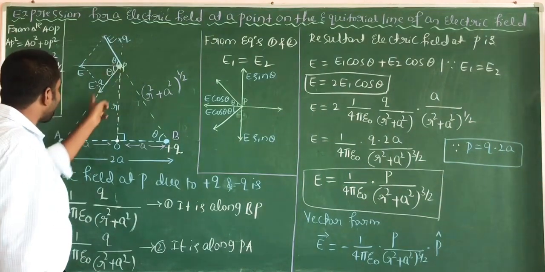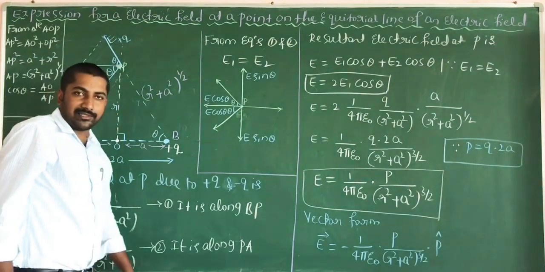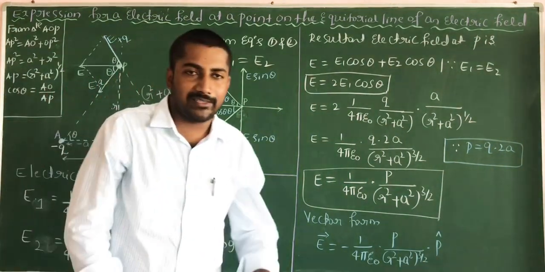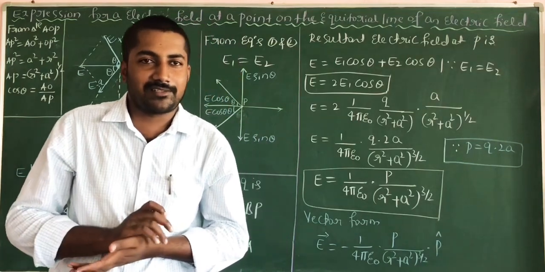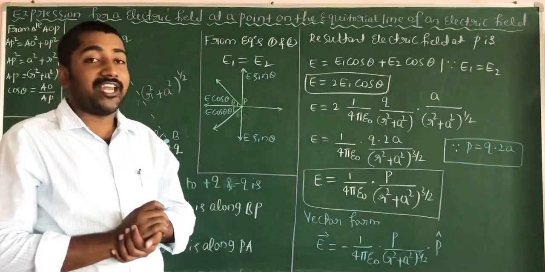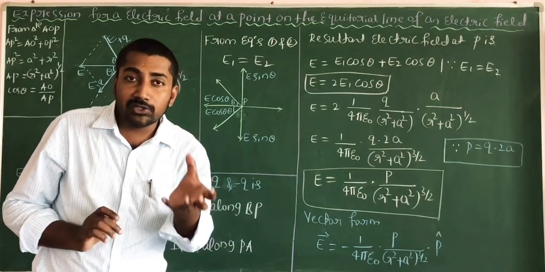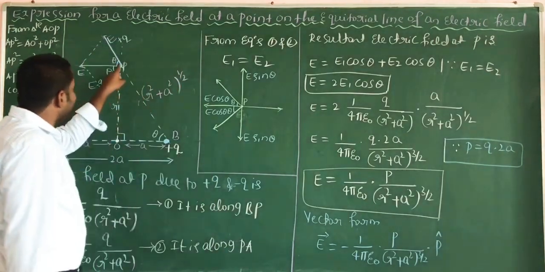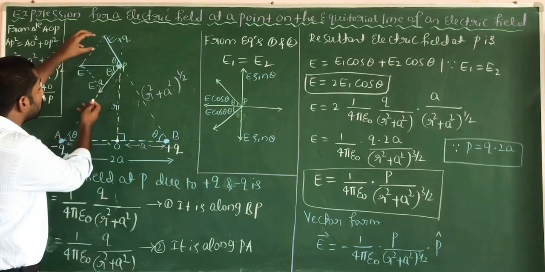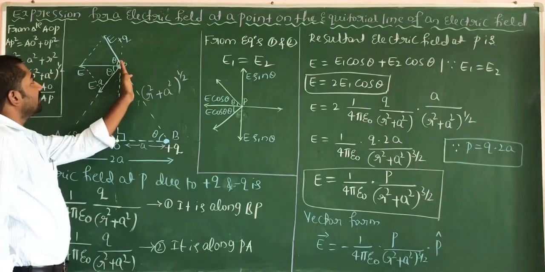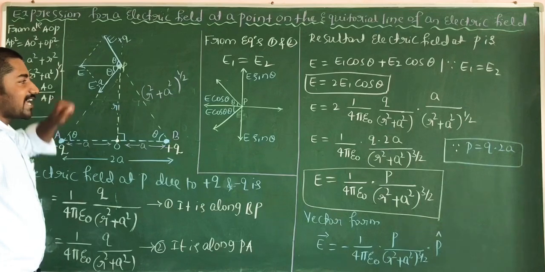According to the rectangular components of vector, in the first PUC chapter motion in a plane, we have already studied scalar quantity, vector quantity and resolution of vector. Here also the electric field E is resolved into two components along this direction and this direction.